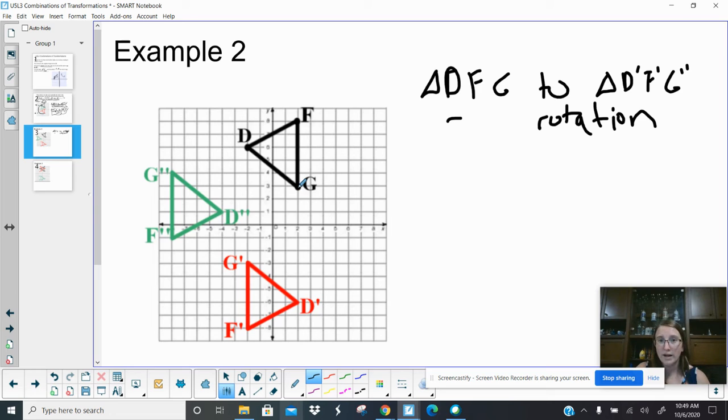Not including the one it started in, G travels through 1, 2 quadrants. So to get from here to here, it travels through this quadrant and into the next one. So again, this is 1, this is 2, that's 2 90s.